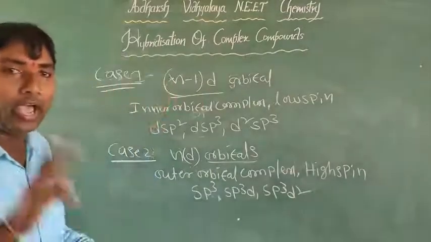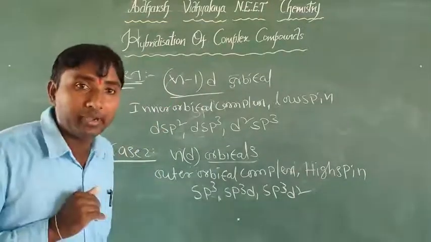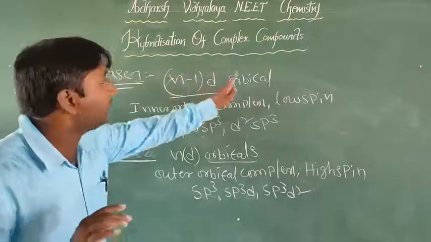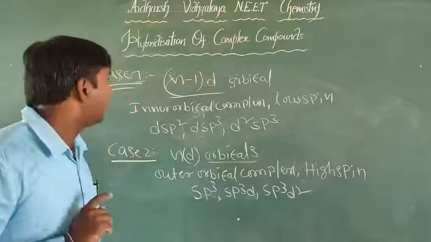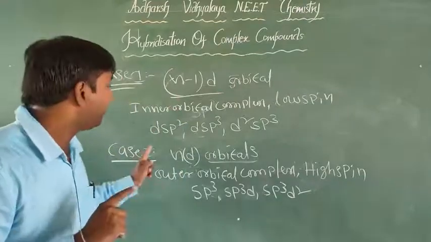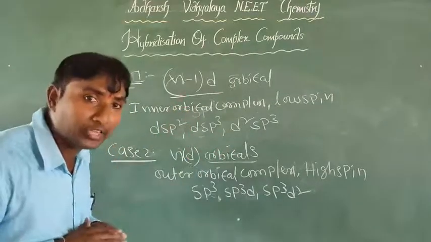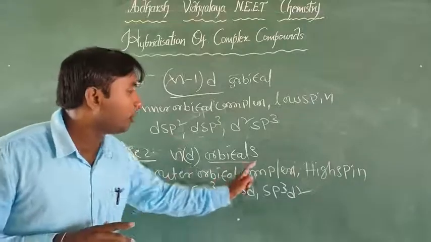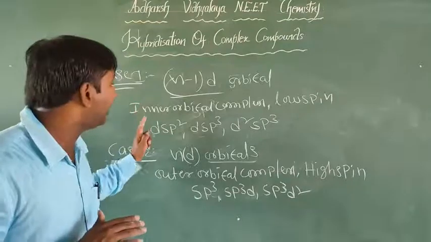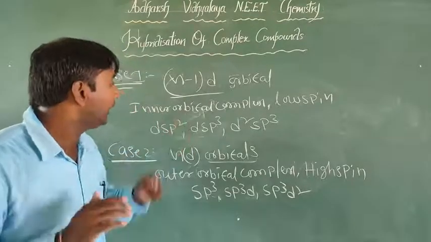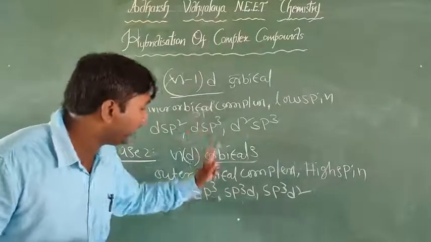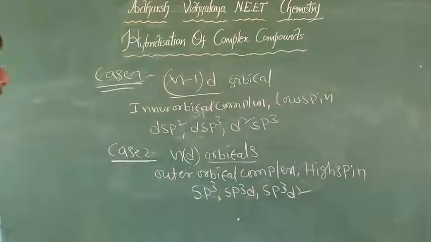So we have two types of d orbitals involved in hybridization. If n-1 d orbitals are involved, it is called an inner orbital complex and low spin. If nd orbitals are involved, it is called an outer orbital complex and high spin. For our NEET syllabus, inner orbital complex examples: dsp2, dsp3, d2sp3. Outer orbital complex: sp3, sp3d and sp3d2.